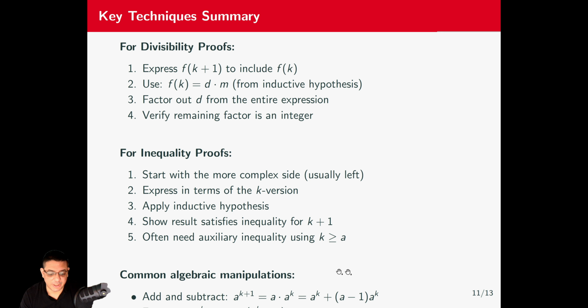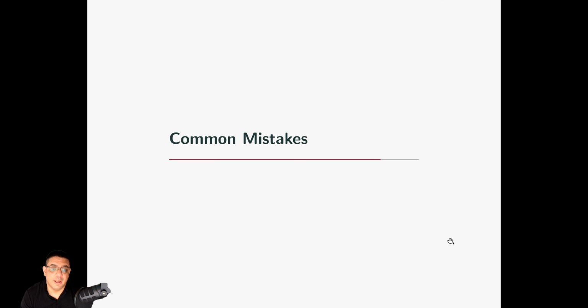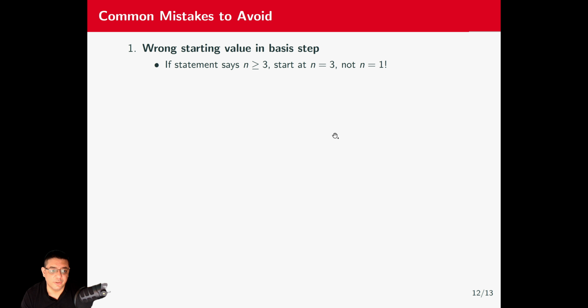So common manipulations are adding and subtracting powers. So for things like a to the k plus 1 is a times a to the k, and then we can add or subtract things like, for example, here we just added and subtracted a to the k to get some manipulations in there. Common mistakes include that you start with the wrong value.